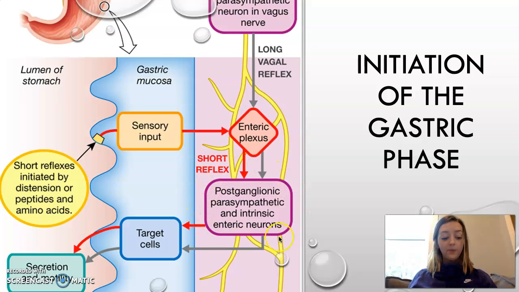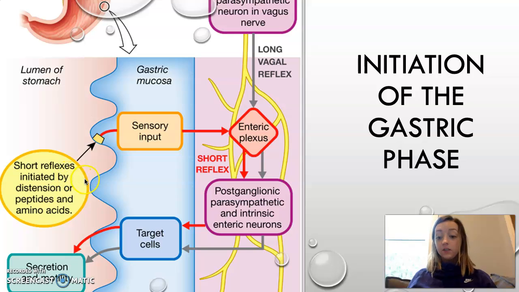After this all happens, these hormones, neurotransmitters, and paracrine molecules influence secretion and motility. Again, you can see this in the diagram, that these neurons lead to the target cells in the gastric mucosa, which then influence secretion and motility in the lumen of the stomach.